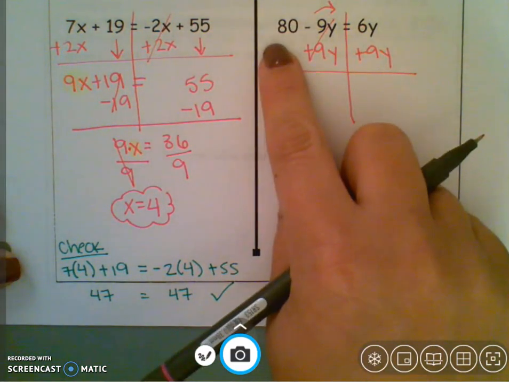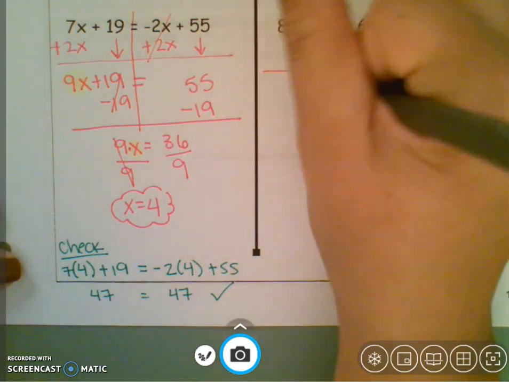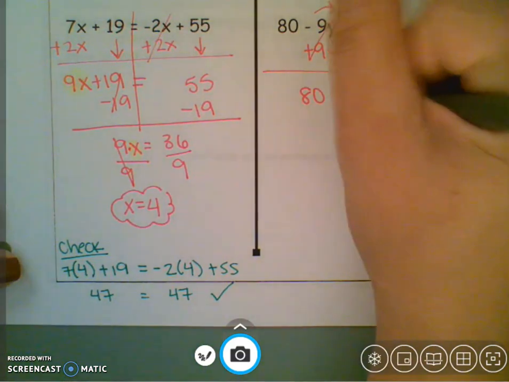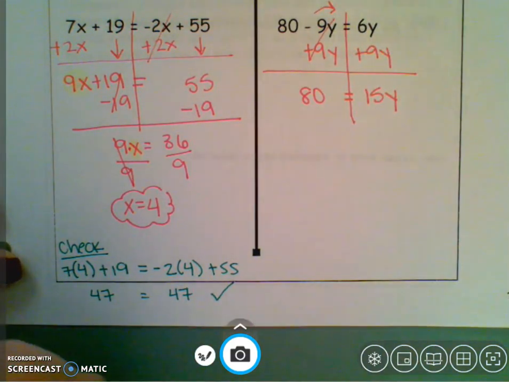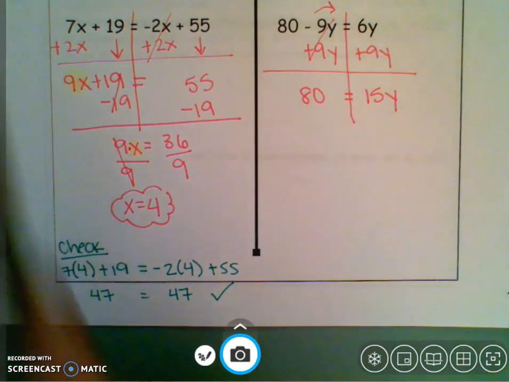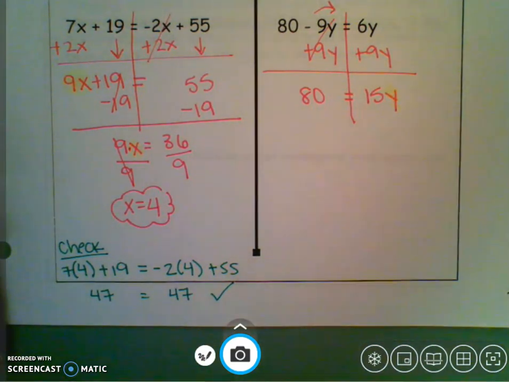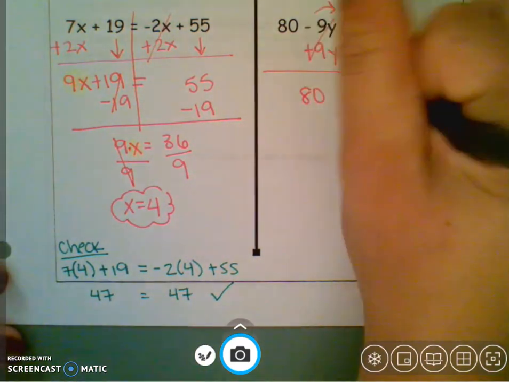So that's going to leave us with our 80 equals 6y plus 9y gives you 15y. Well, our last step, because again, we are looking for this y right here, I have to divide by 15.